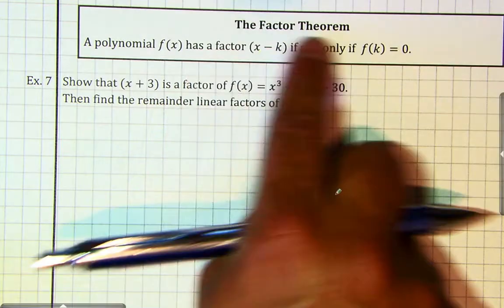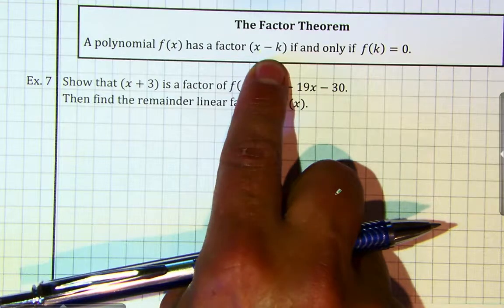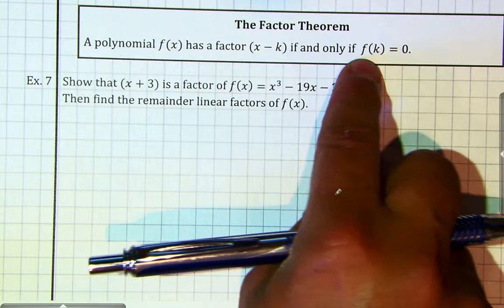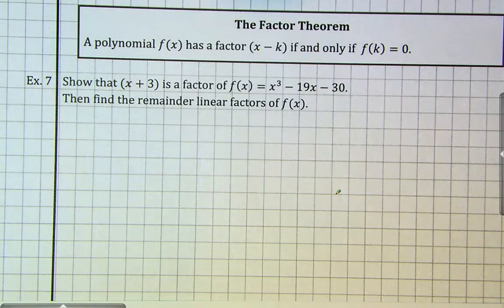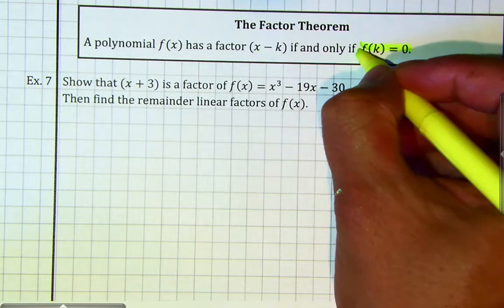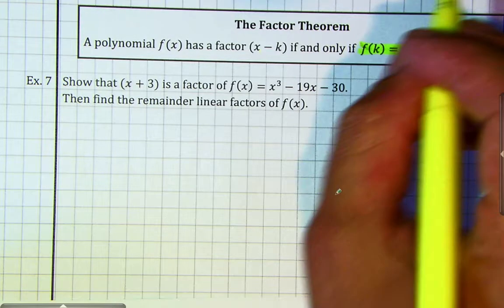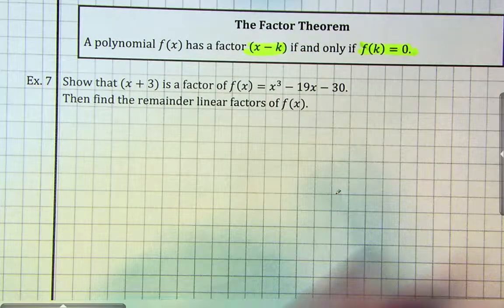So the factor theorem. A polynomial f of x has a factor of x minus k if and only if f of k equals 0. So once you plug in a k, if the answer is 0, then x minus k is a factor.